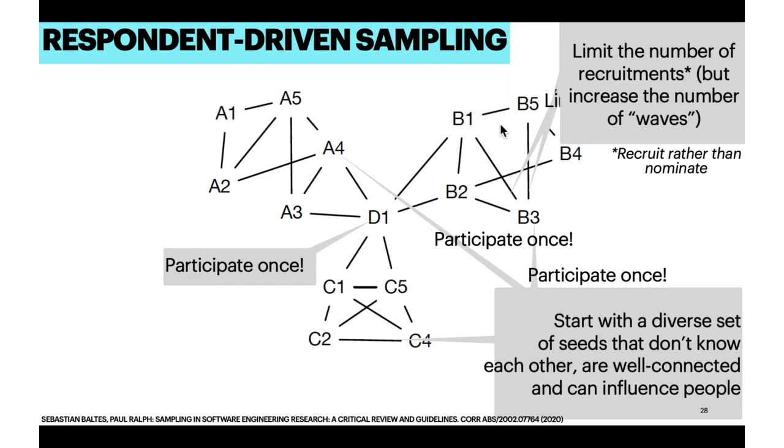And indeed, we need to continue this process until the sample has reached an equilibrium. So essentially, at some point, the distribution of variables of interest is stable. At some point, the opinions we have been hearing have converged. So this is where we can say that the equilibrium has been reached.